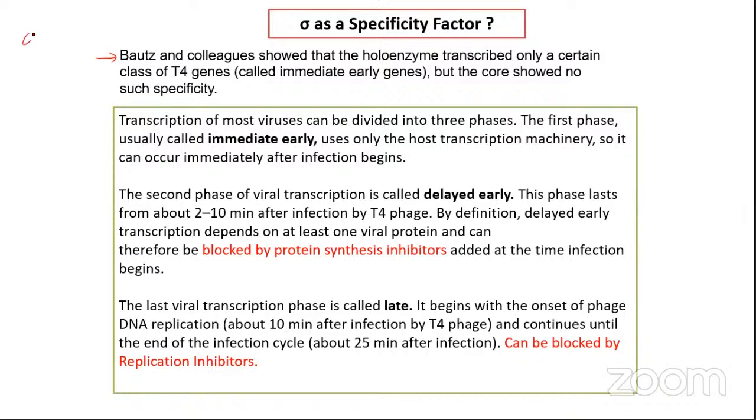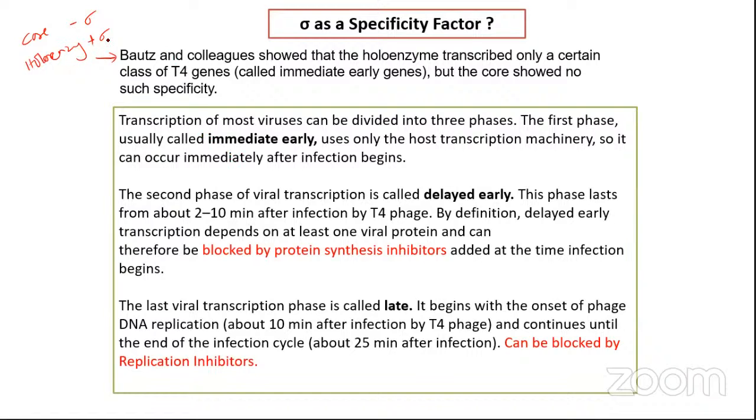Now, a simple question was asked first. The difference between core enzyme and holoenzyme is only the sigma factor, right? Holoenzyme contains the sigma factor while core enzyme lacks it. Correct?